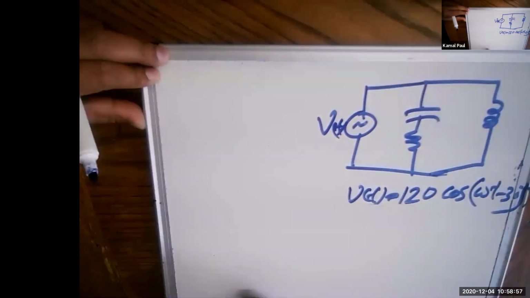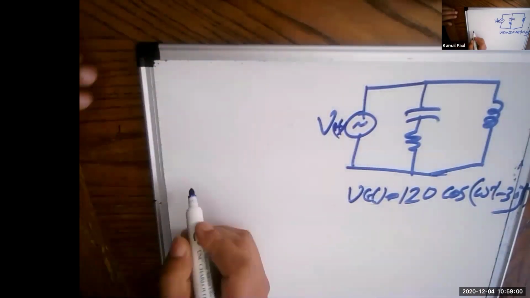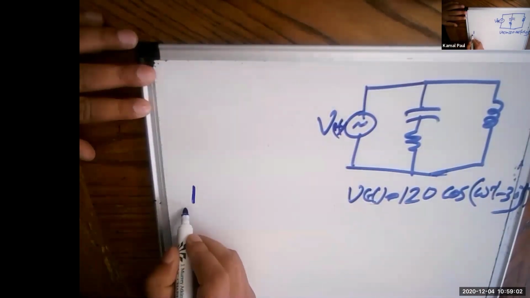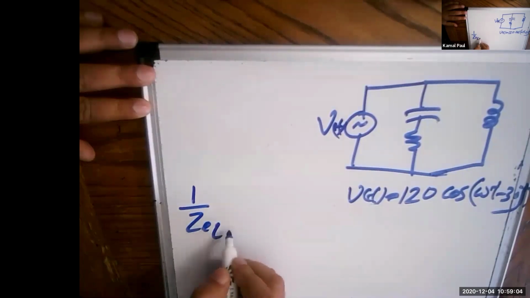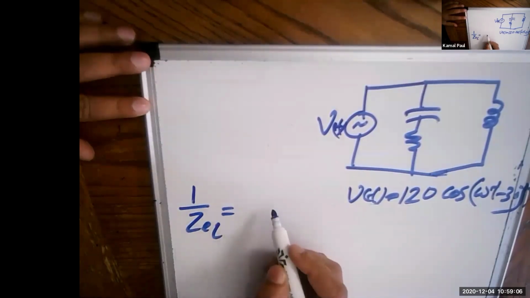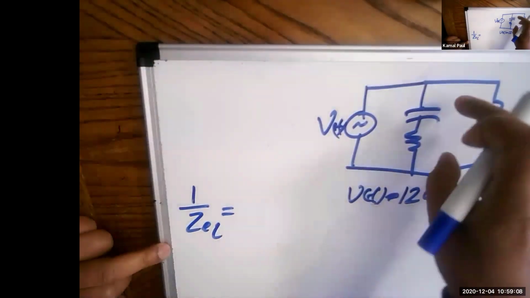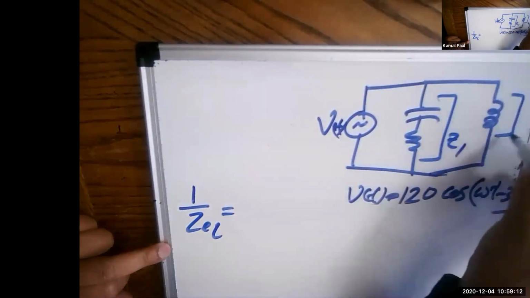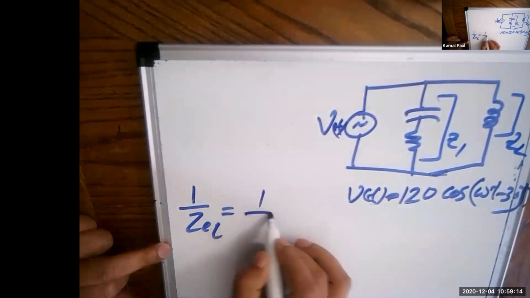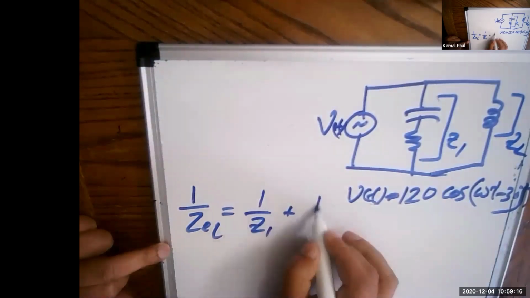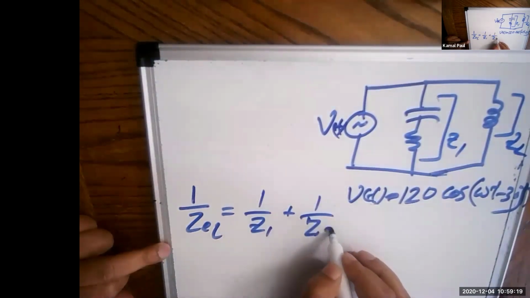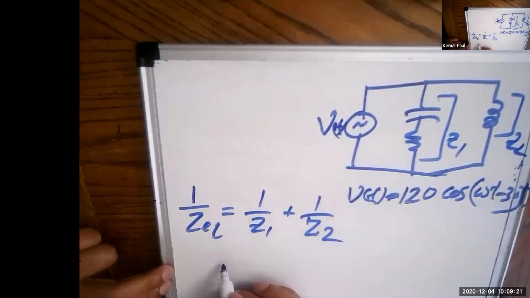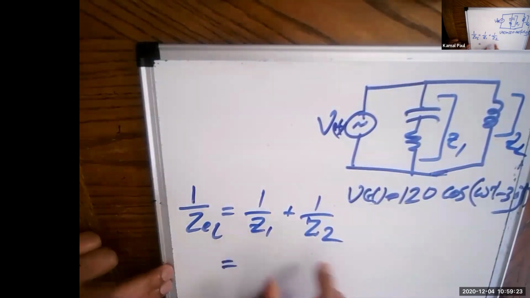To do so, for this circuit, you will try to find 1 over Z equivalent. Say this one is Z1 and this one is Z2. You will find 1 over Z1 plus 1 over Z2 because these are in parallel. So at a point, you convert these values into something like that.